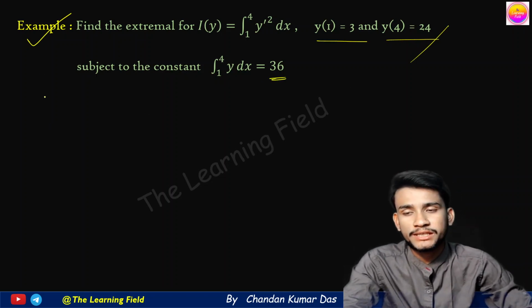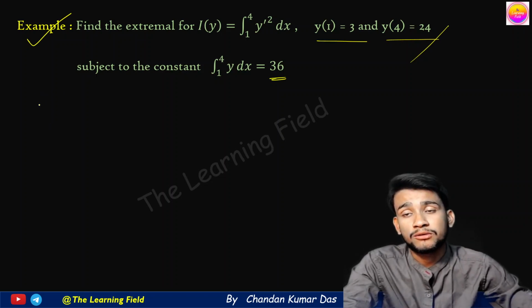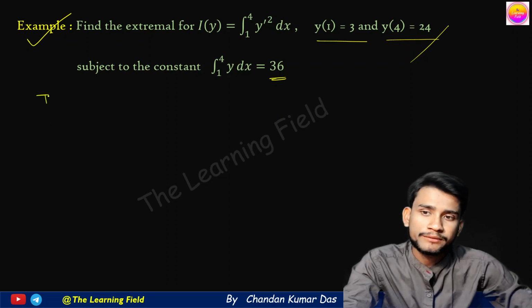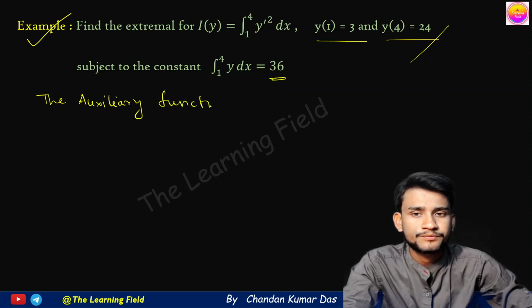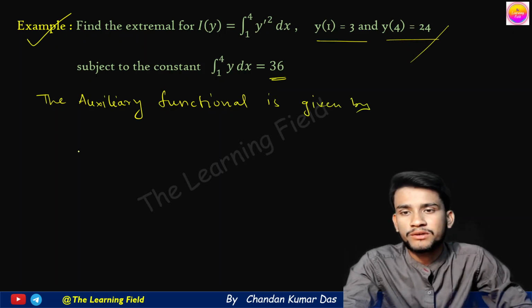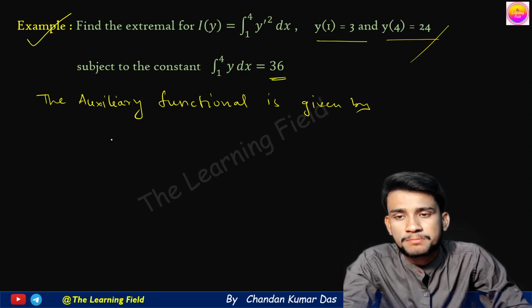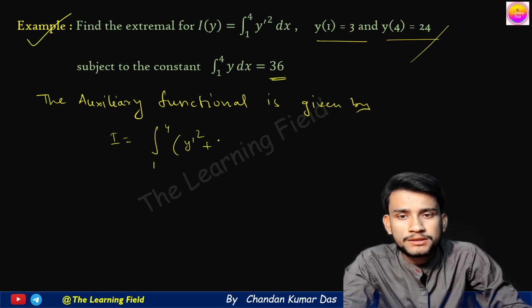So here we write the auxiliary functional, which is given by I equal to the integral from 1 to 4 of y' squared plus lambda times y, dx.